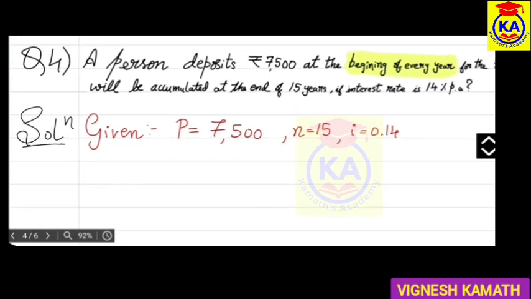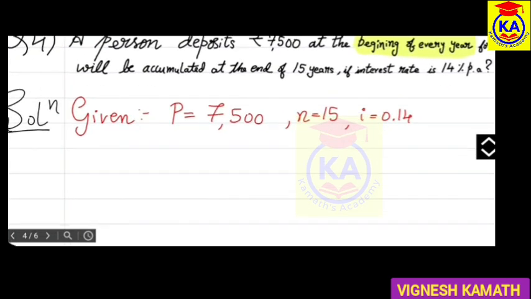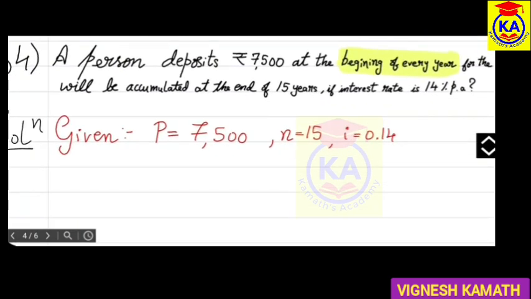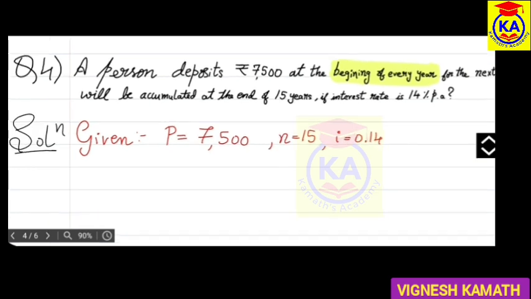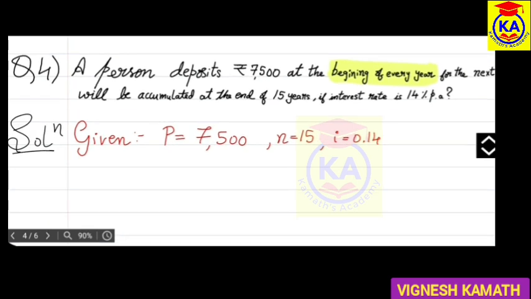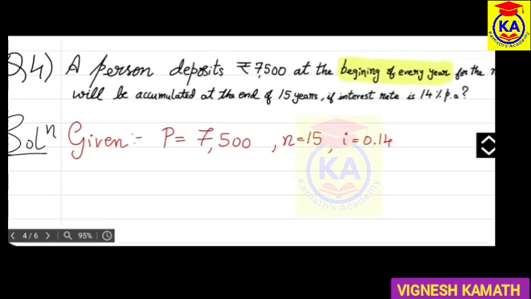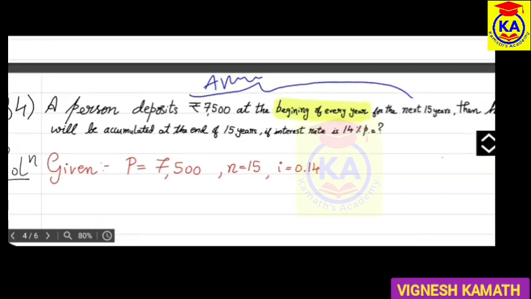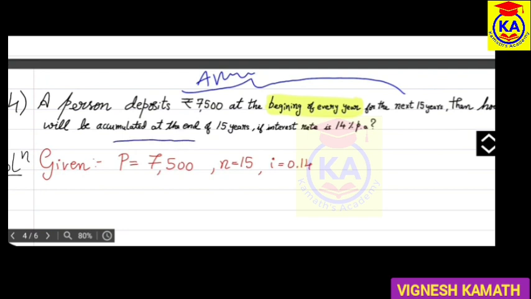Now in the first case, we have to find whether the question belongs to future value of annuity or present value of annuity. A person deposits rupees 7,500 at the beginning of every year for the next 15 years. This is annuity. Then how much will be accumulated at the end of 15 years? That is lump sum.